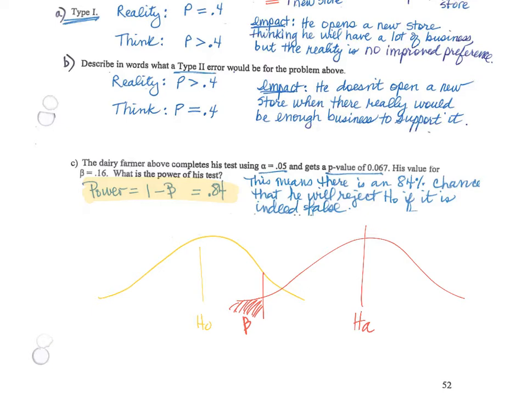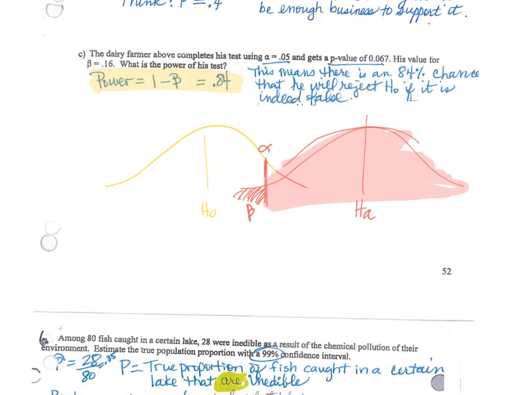And this is my alpha right here. What's this region filled with? Power. Okay, good. So over here on this side is power. That is the ability to reject the null hypothesis if it is indeed false.